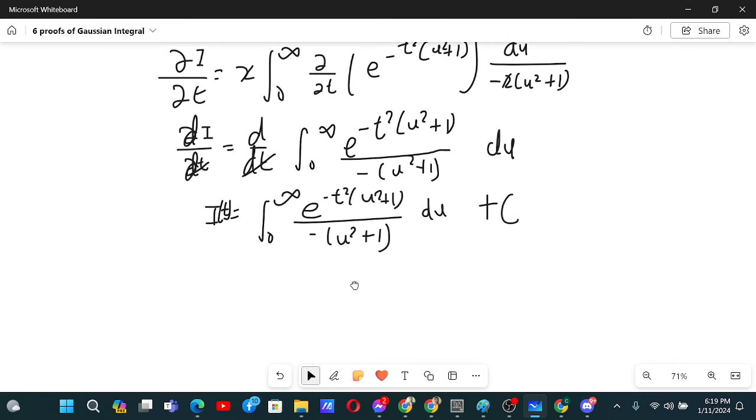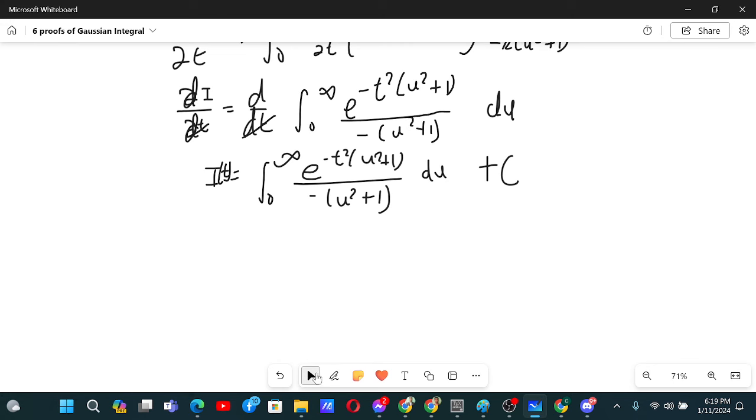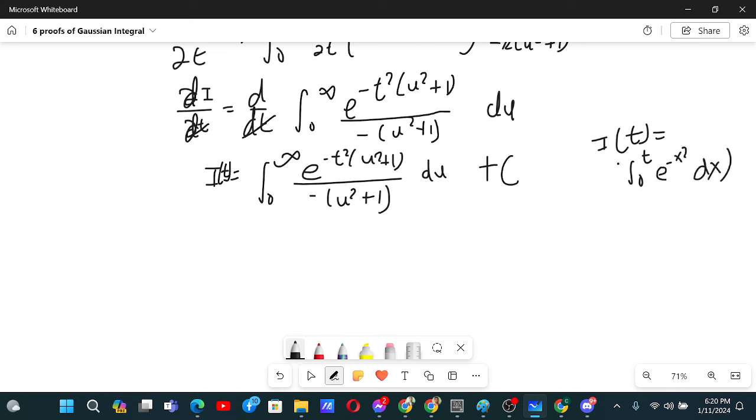Now our I of t was defined as the integral from 0 to t of e to the power minus x squared dx, squared. So now I of 0 will just be the integral from 0 to 0, so that will be 0.